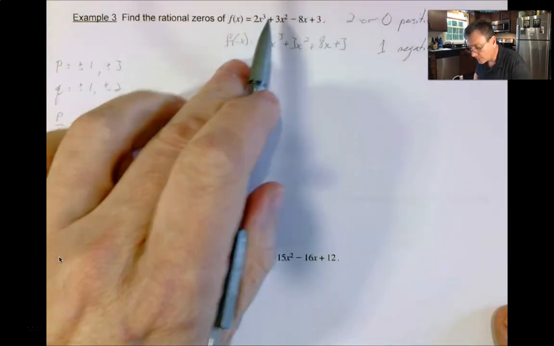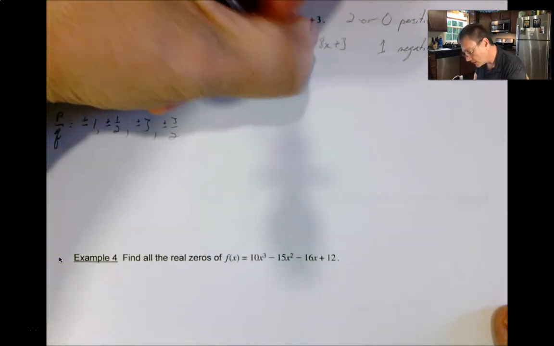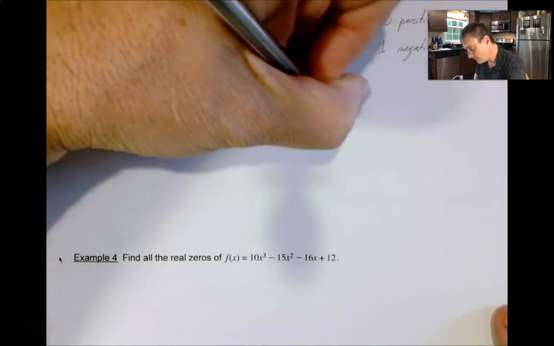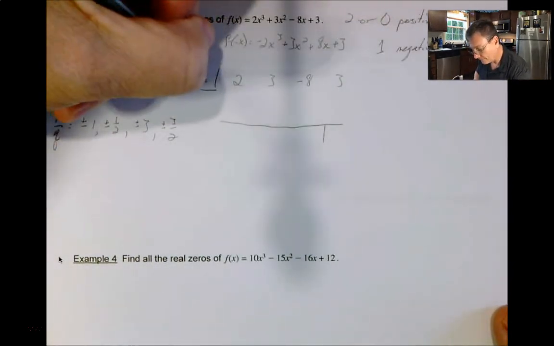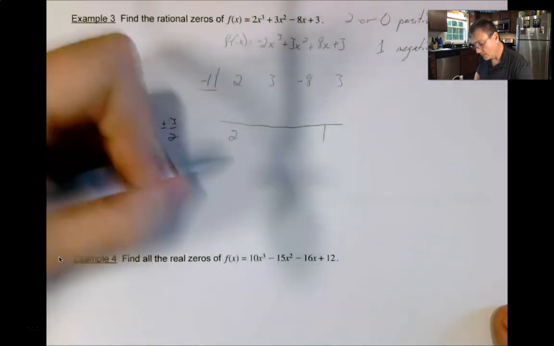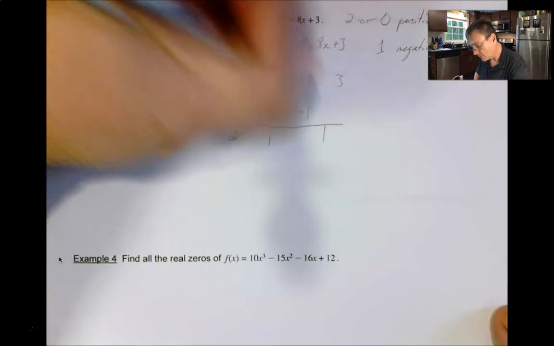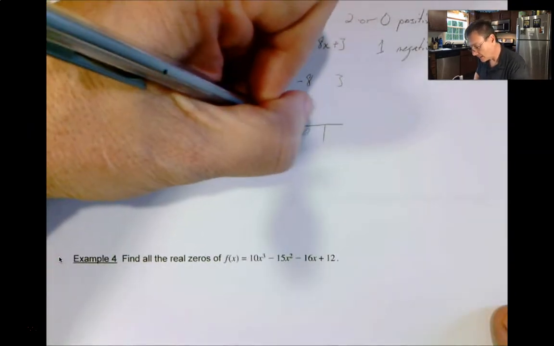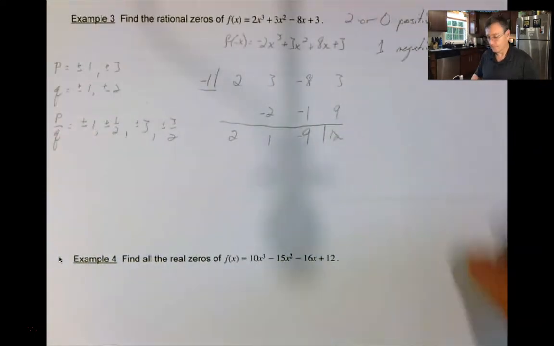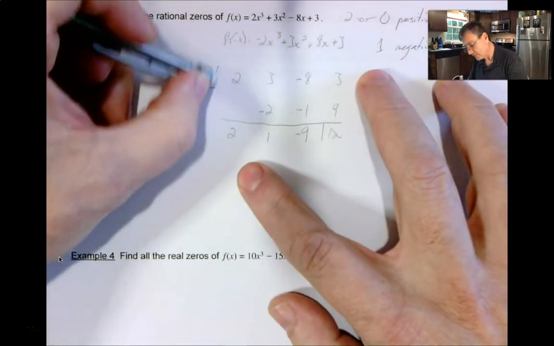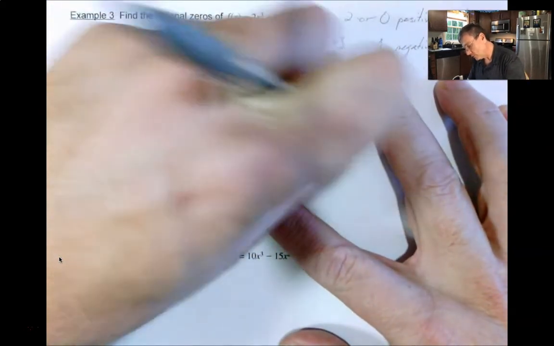Let's see, we're at 2, 3, -8, 3. And let's try -1. Bring down the 2. -2, 1. -1. -9. 9, 12. Didn't work. All right. Try -2. I'm not going to rewrite. I'm going to just use my eraser.